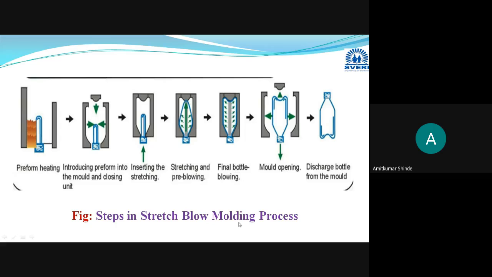Placing in the mold cavity, then blowing, then removing the mold or opening of that mold, and obtaining the final product by some finishing operations. It will be same. The initial part will be different here. Please draw this diagram. I will explain it.